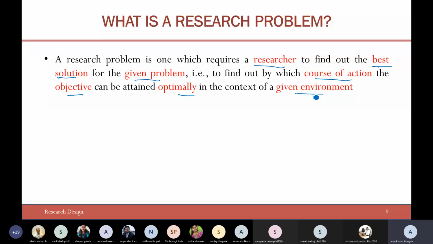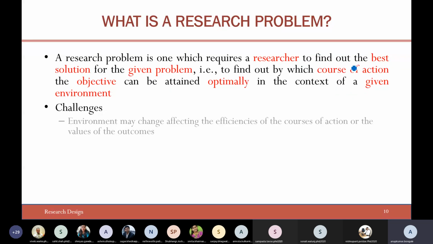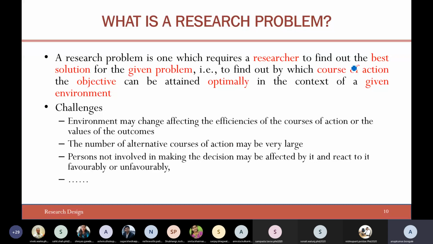Those who say they have completely identified the research problem, try to see whether you have answered these, and whether you have formulated your research problem taking all these aspects into consideration. Those who are yet to explore or have partially explored, just keep all these points in mind.